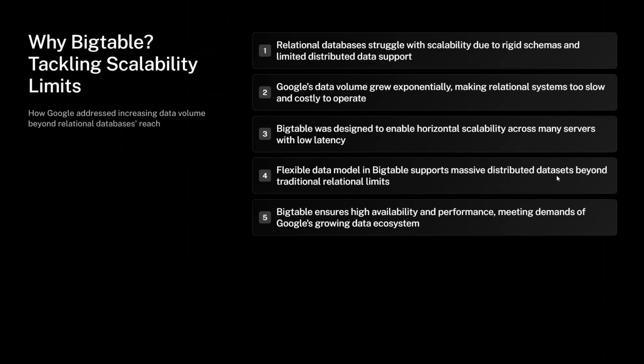Bigtable introduced horizontal scaling across many servers with low latency, and it uses a sparse multidimensional data model optimized for high volume and low latency operations, ideal for large scale applications.